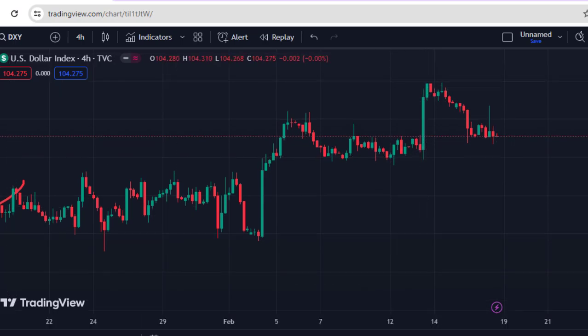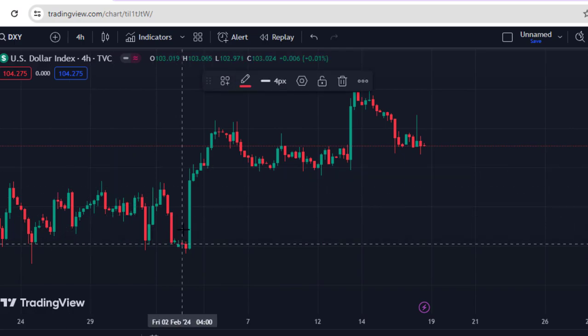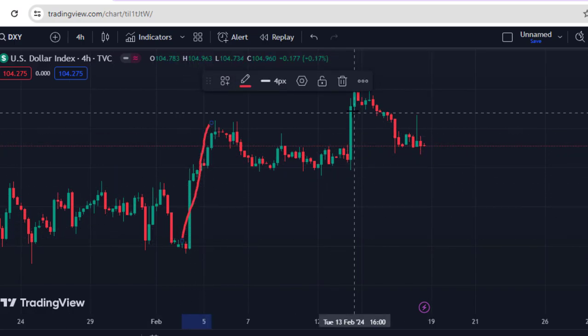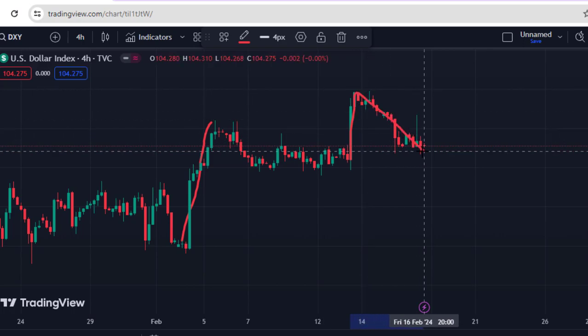If you look at the way the market moved the first time right here, broke this level of resistance and then moved upward and came right back down, it discovered that the markets have a lot of strength at this point, and right here the market is losing strength. From this point, the market moved upward and we have this severe retracement to the downside.